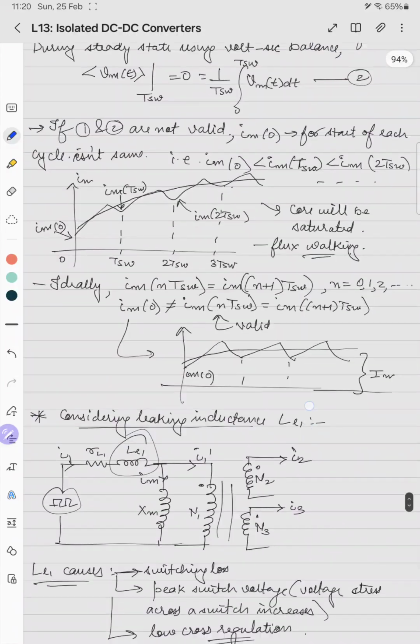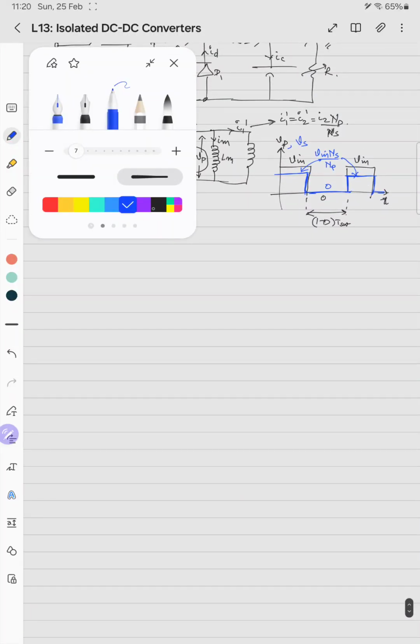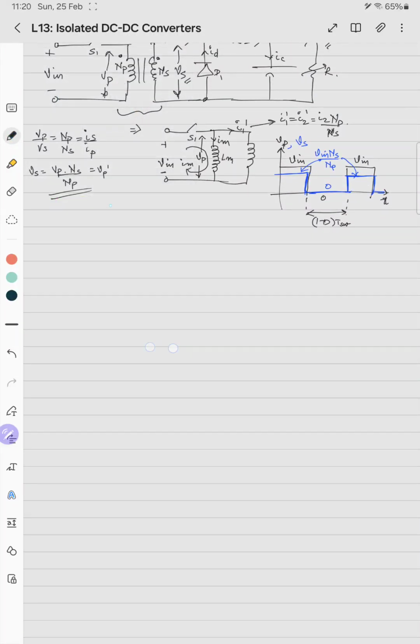So the BH curve, okay, I'll redraw the BH curve. There is no big thing in it. So we'll draw B, and here we'll draw H. You can write it as phi m, and here you can write it as 1 by Lm integral Vp dt, because this is proportional to phi m, this is proportional to this.